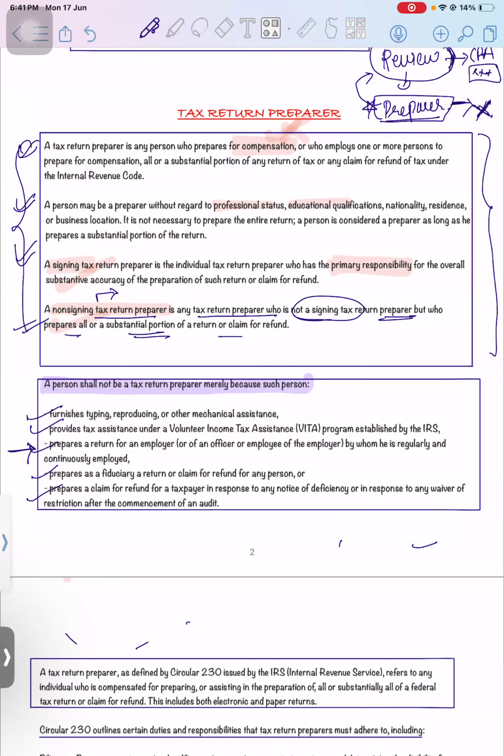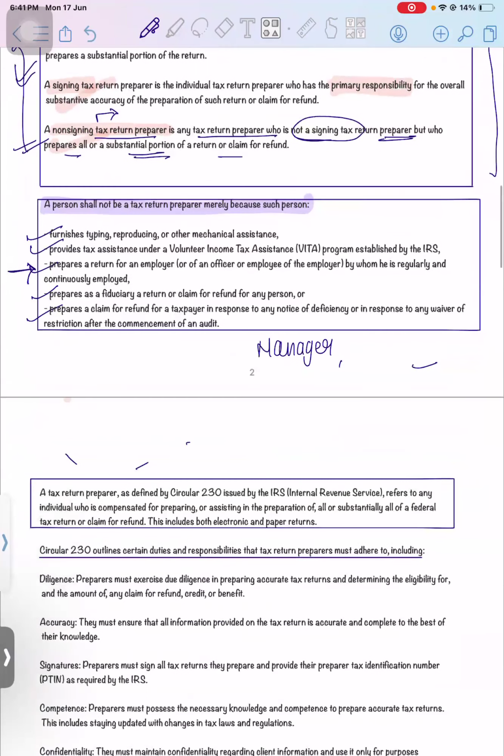Let's say you are working under one of the managers, for example. Let's take one simple example. Let's say Mr. A is a US citizen, US resident. He wants his tax return to be prepared.